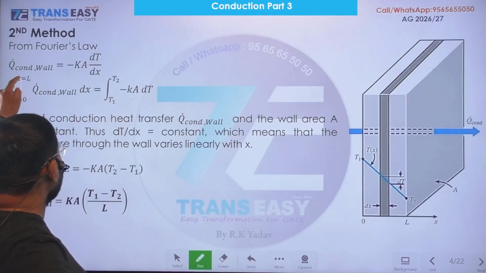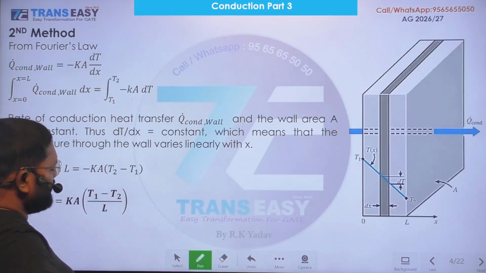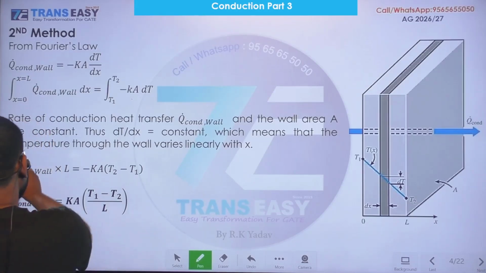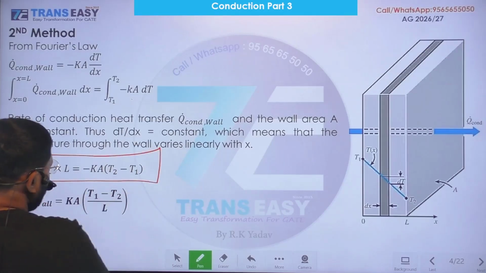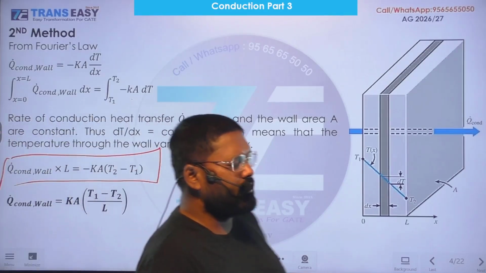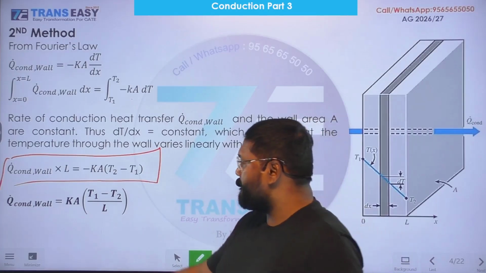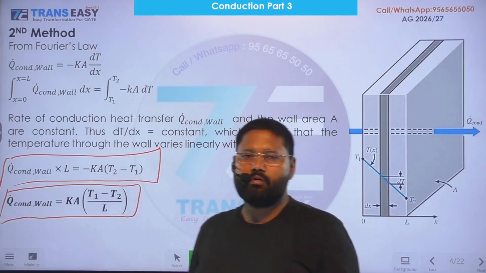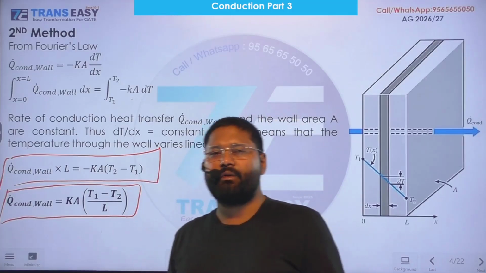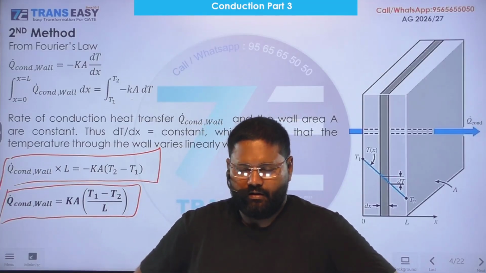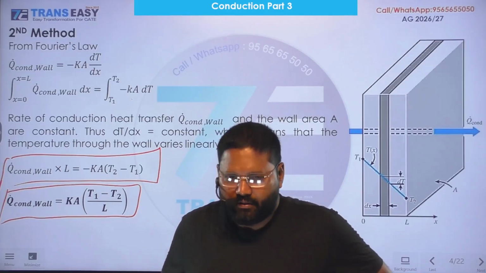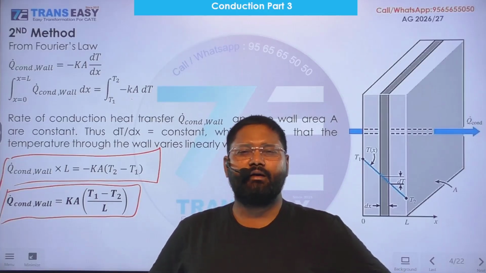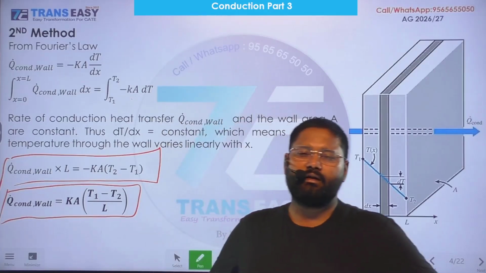At x is equal to L, T is equal to T2. Under these limits, integration gives this result, and finally this. Right? So without getting temperature profile, by this second method, we can directly find the heat transfer rate by conduction through plane wall under steady one dimensional without internal heat generation condition.